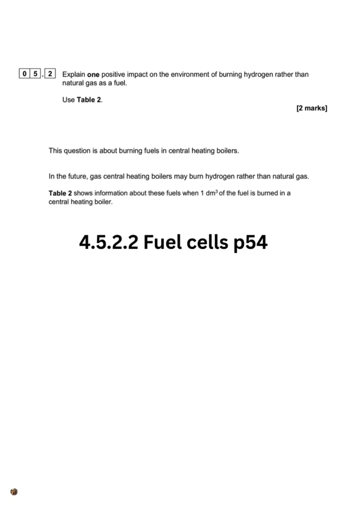So you haven't specifically learnt about that, but it says in the future gas central heating boilers may burn hydrogen rather than natural gas. So while you haven't been explicitly taught about this, you have been taught about using hydrogen in fuel cells. So it's from that section and the evaluation of using fuel in that context that you're going to transfer your knowledge.